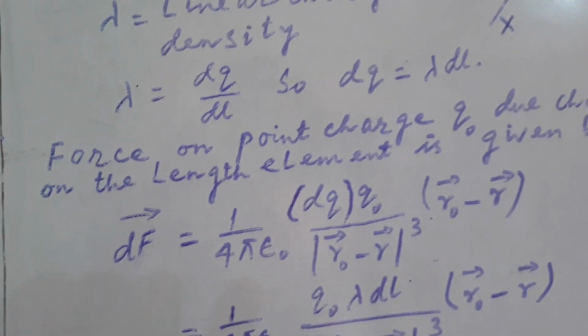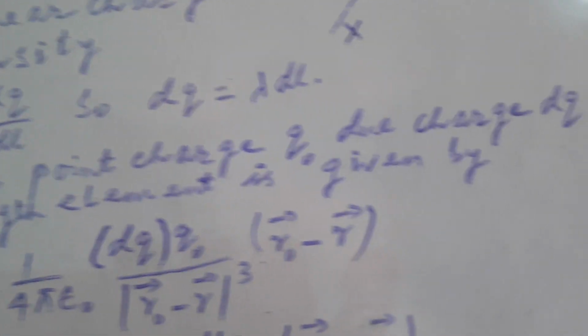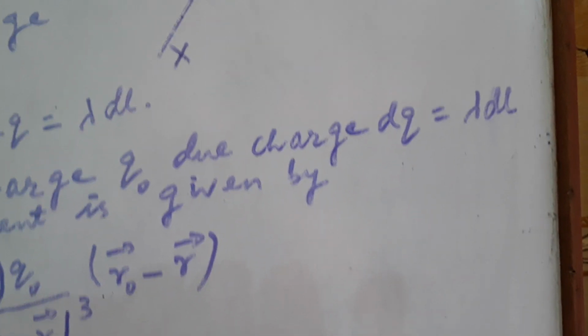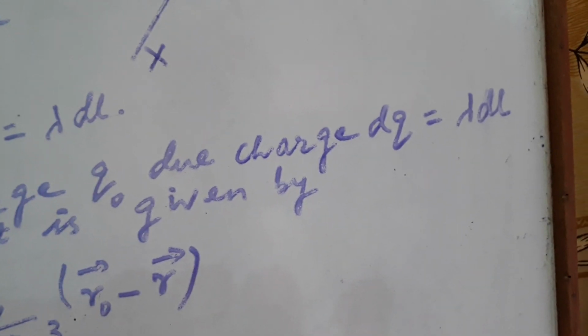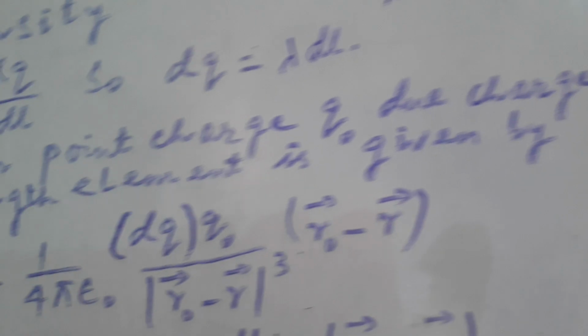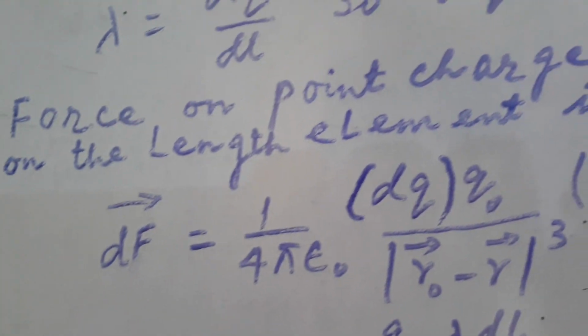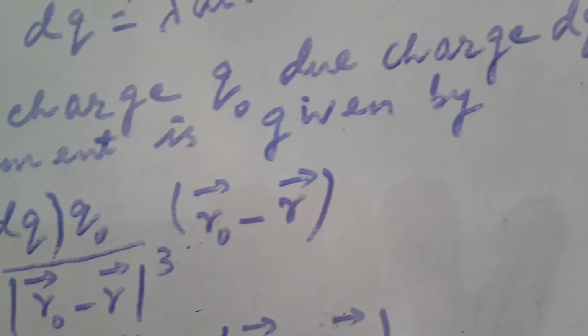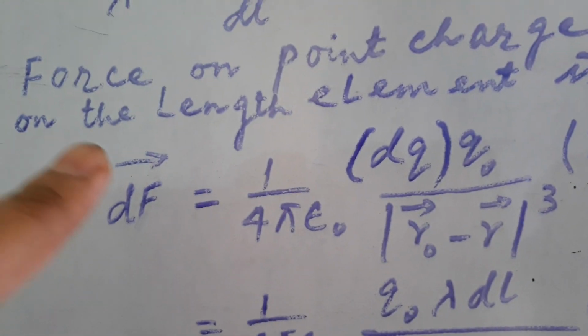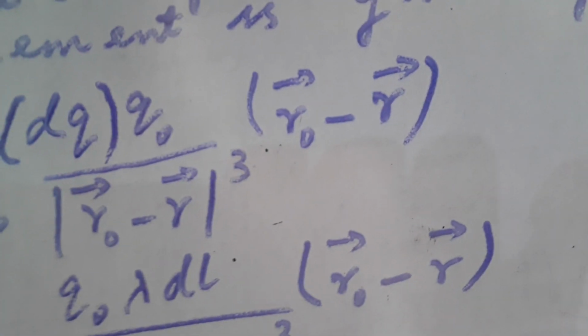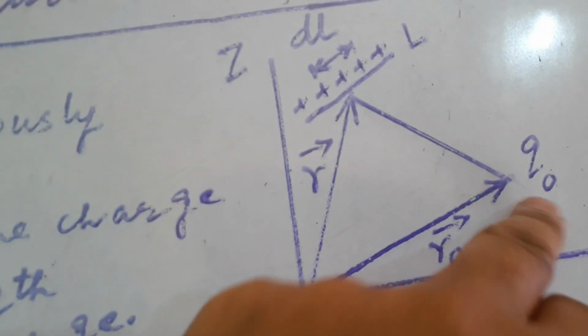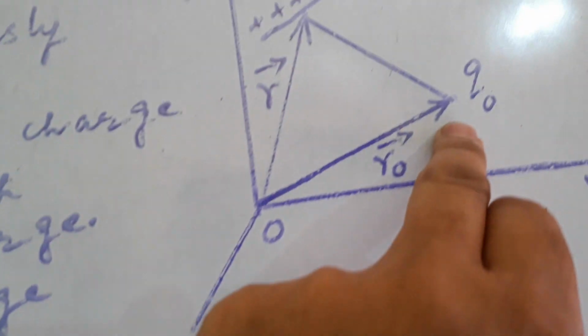Now force on a point charge q naught due to a small charge element dq equal to lambda dl is given by a small force, that is, this will exert a force on q naught.